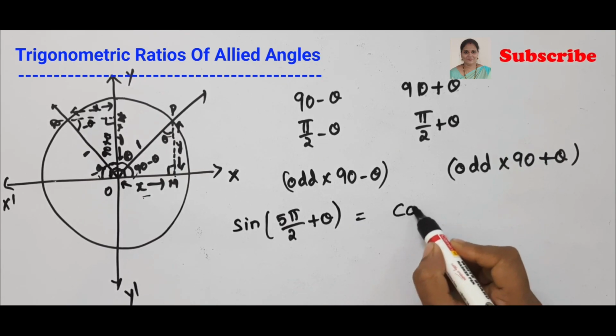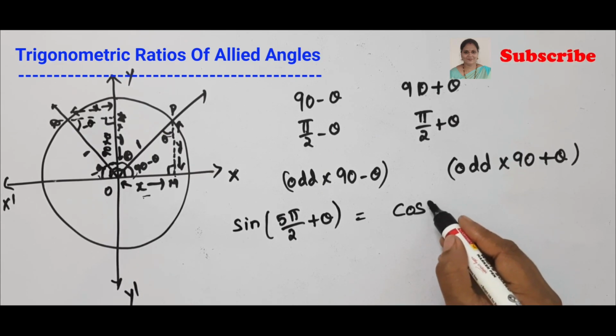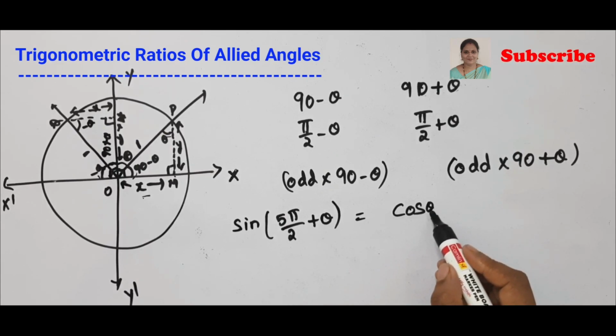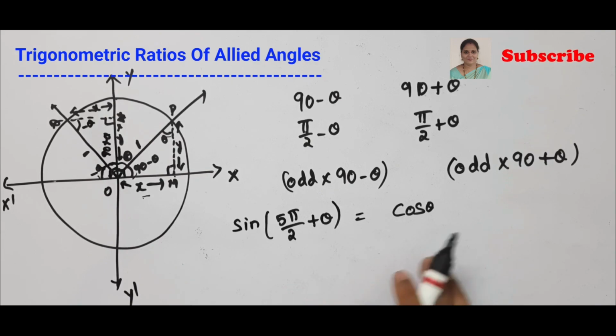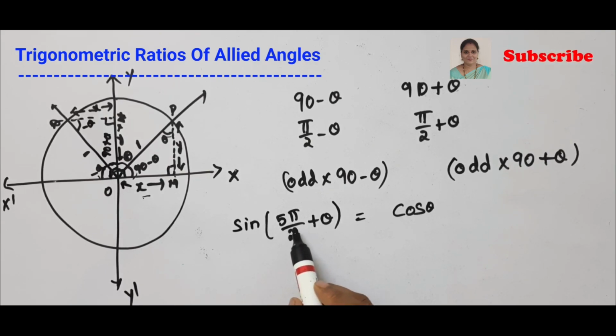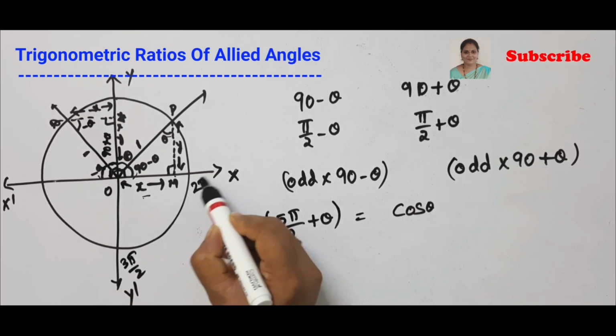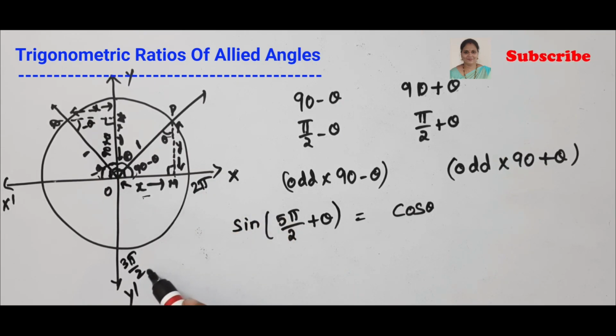So simply first change it to cos theta. Here it is theta, is it not? So write down cos theta, changing the trigonometric ratio first. Next, observe in which quadrant this 5 pi by 2 will be. This angle is between 3 pi by 2 and 2 pi, is it not? It is less than 2 pi and greater than 3 pi by 2.